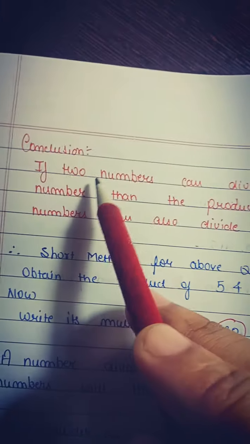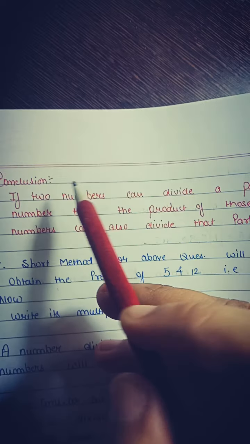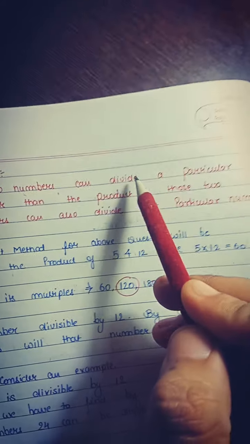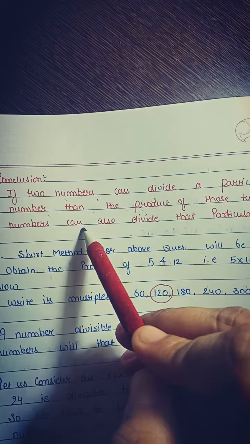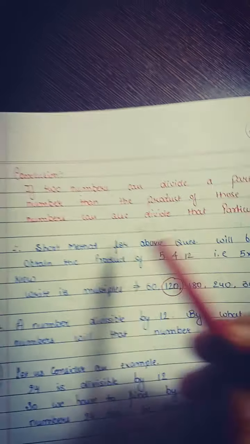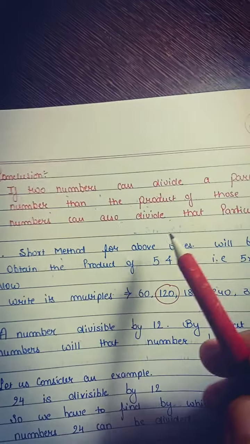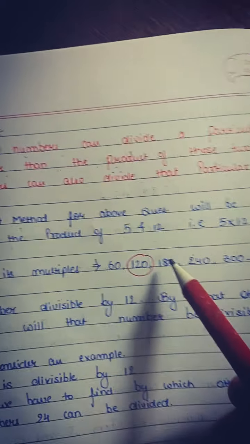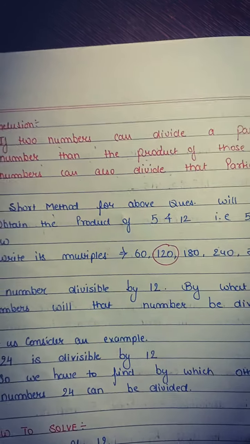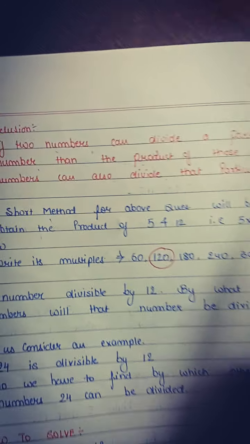Now how do I find this? Because there is a rule, the conclusion and the rule. According to the conclusion, you can call it a conclusion or a rule, that if two numbers can divide a particular number, then the product of those two numbers can also divide that particular number. So the shortcut method is to find the product of those two numbers, and the multiples of the product so obtained can divide that number also.